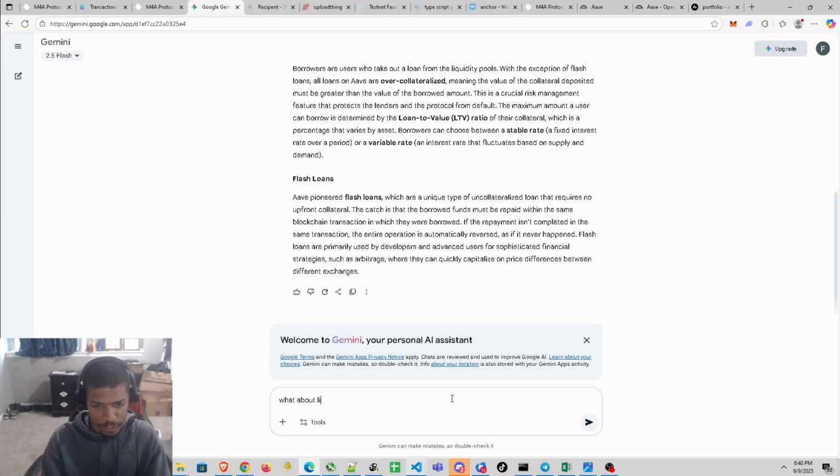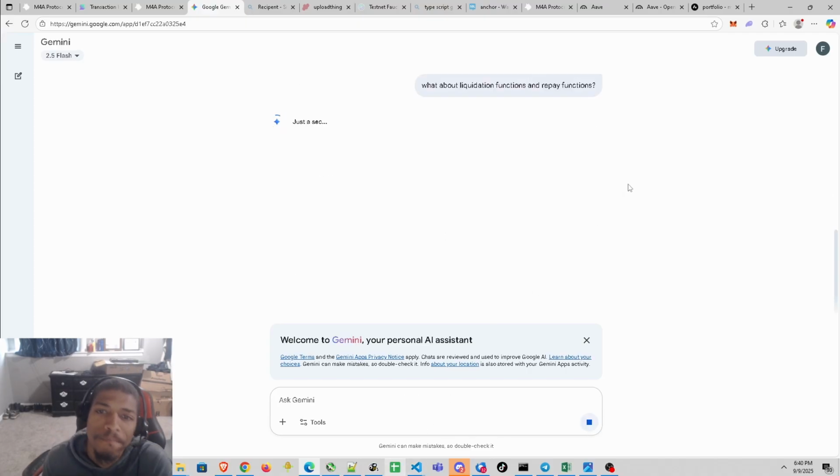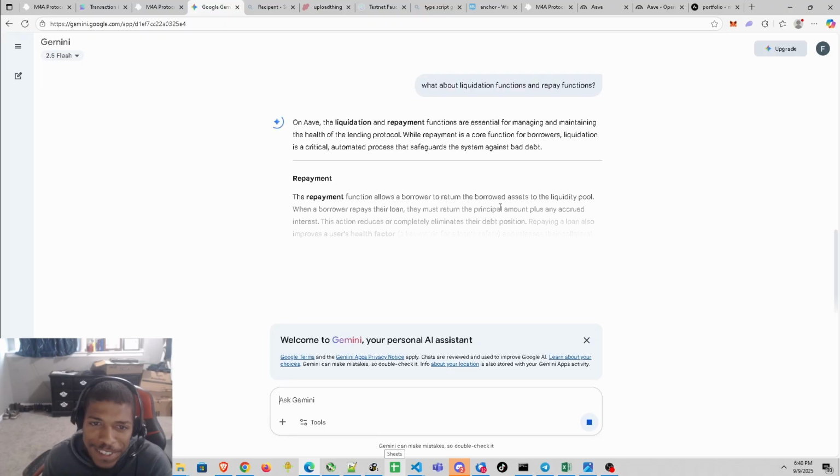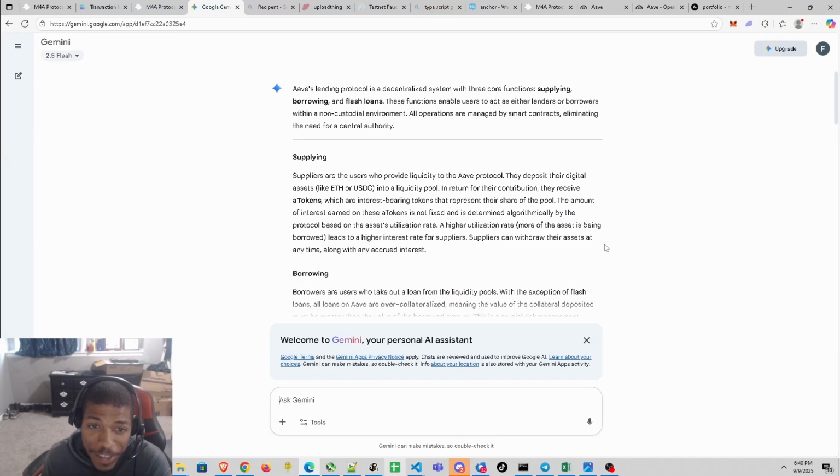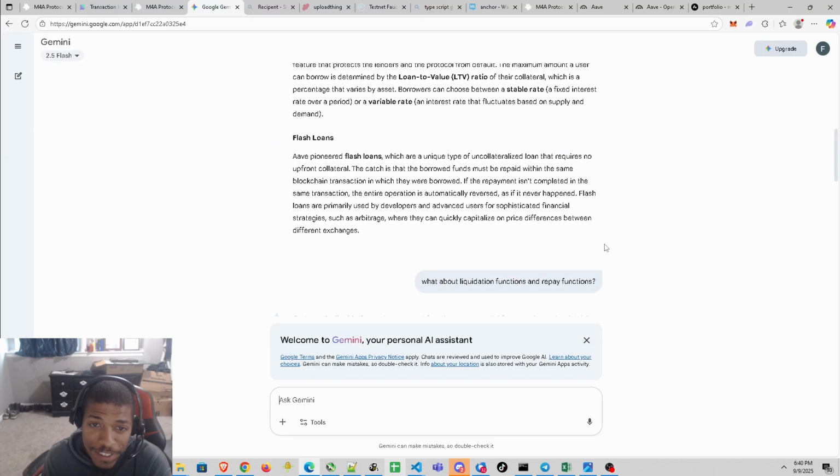What about liquidation functions and repay functions? I wish it would have just given me the 5 basic functions. But yeah, that's a problem with AI. Never really giving the same answer, and it'll definitely give you the wrong answers.